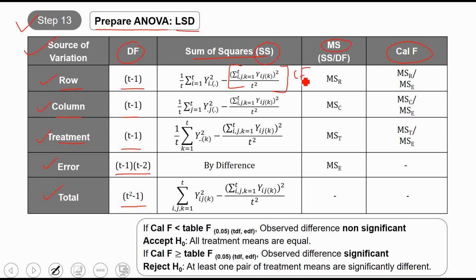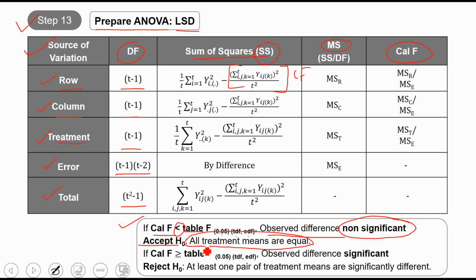The interpretation of LSD can be given as: if calculated F is less than table F at 5% level of significance and treatment DF, error DF, then observed difference is non-significant and accept H0, that is, all treatment means are equal.